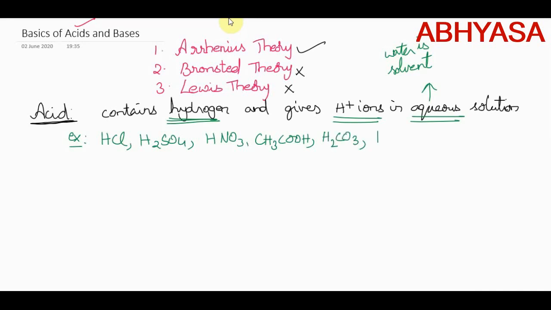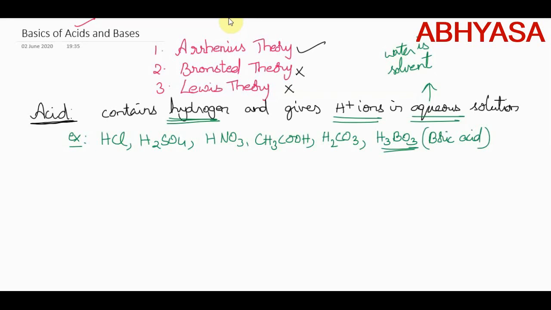Then this H3BO3. This is called boric acid. That is the acid of boron. So these are some of the examples of acid.